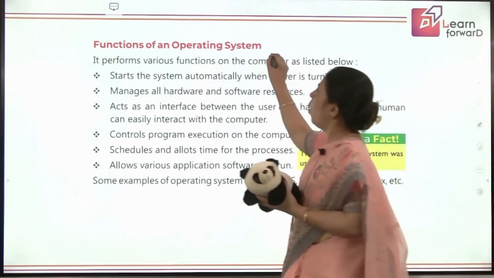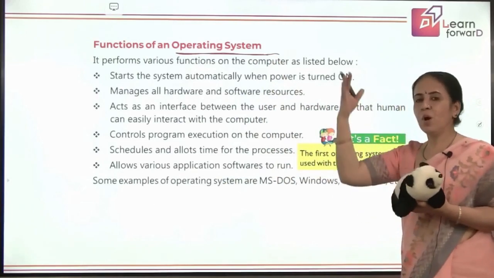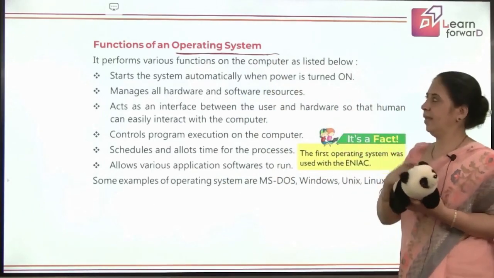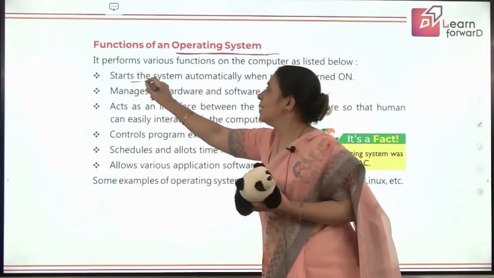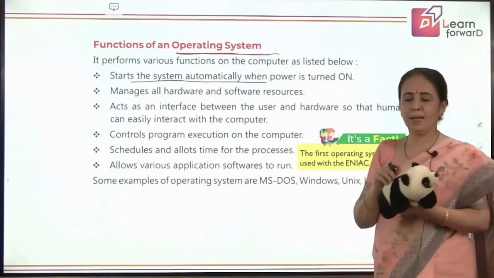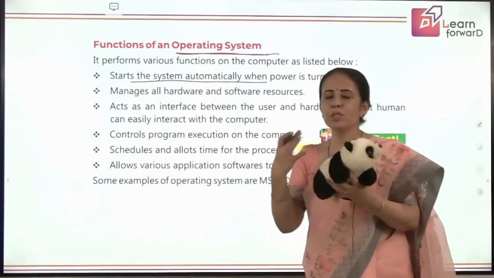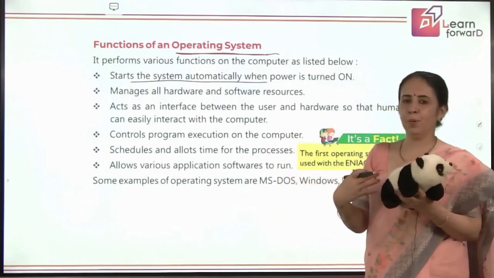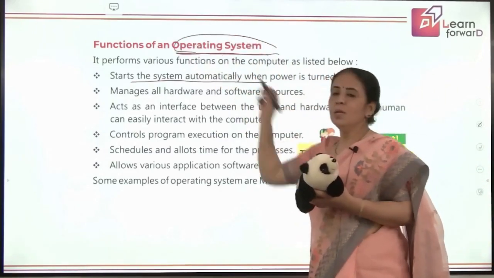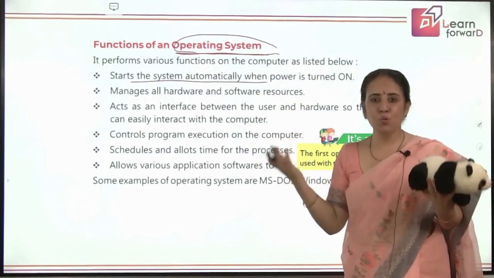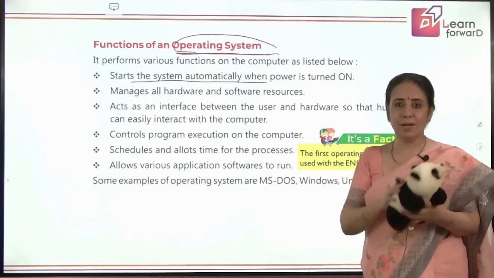Now, what all are the functions of operating system? We are going to understand it in detail. So, very important thing is that it starts the system automatically. When you turn on the computer, the entire process of activating the computer is done with the help of operating system. That means if there is no operating system, you cannot even turn on the computer.